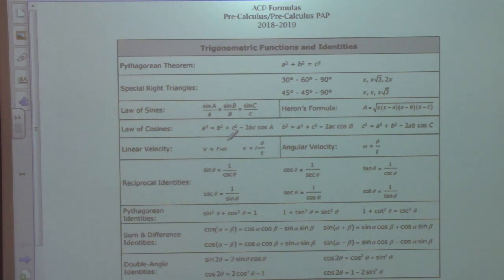I don't think I have a colored one, but I have one of these black and white ones. Your calculator's on it. Change it to degrees. Here, degrees and radians, change it to degrees. Okay.